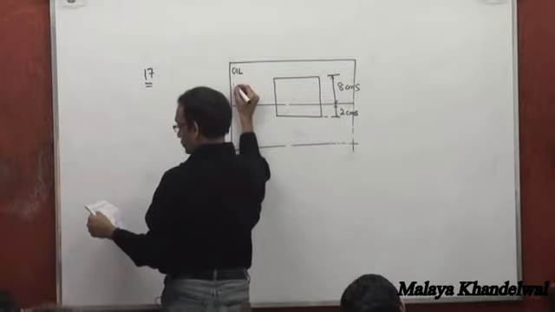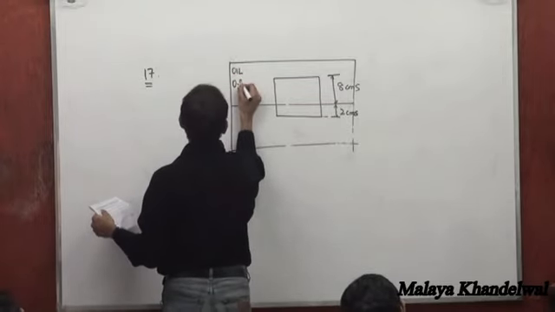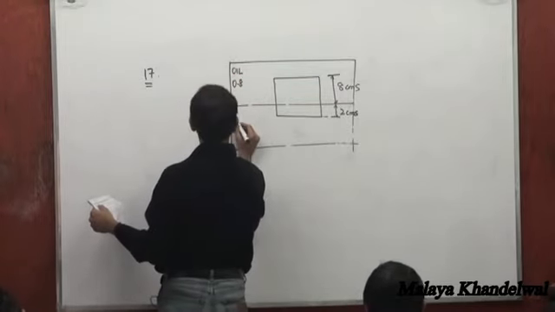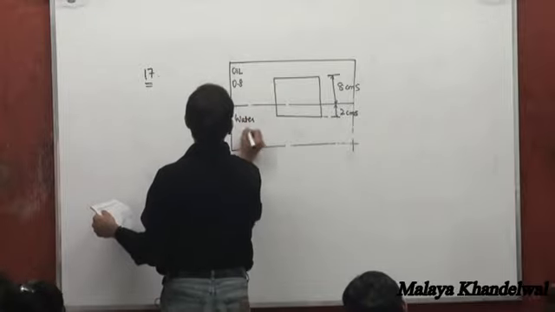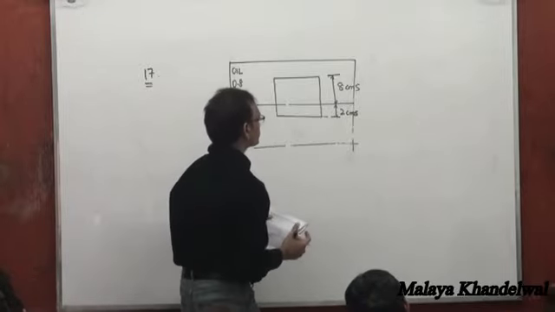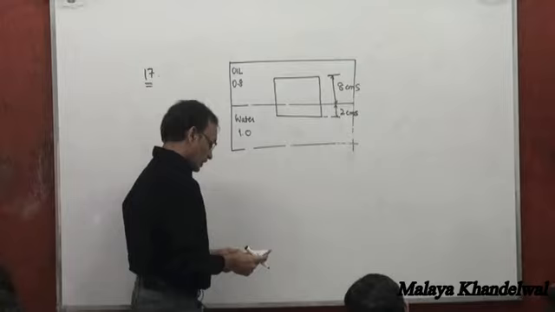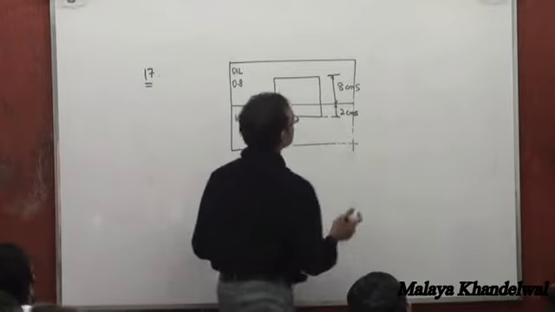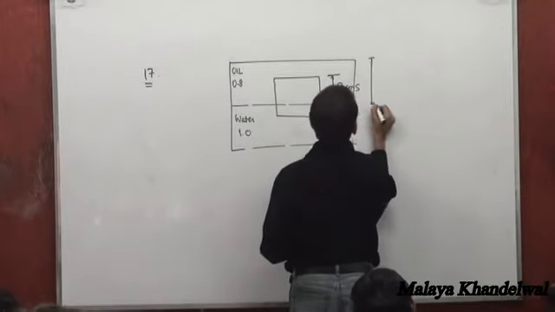This is oil of density 0.8. This is water of density 1.0. Heights of oil and water are 10 centimeters each. This is 10 centimeters.